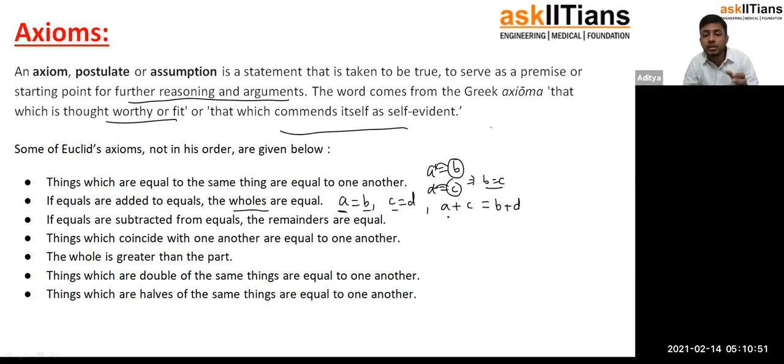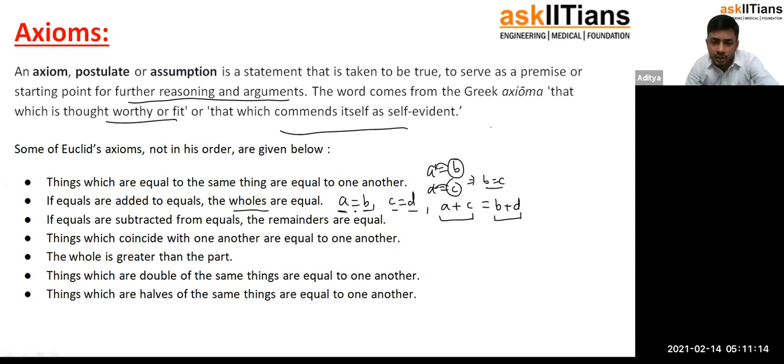So the wholes are equal means this whole thing which is being formed by using A as well as C would be equal to the whole thing formed by B and D combined together. So that's what it is referring to as whole, the whole portion basically.